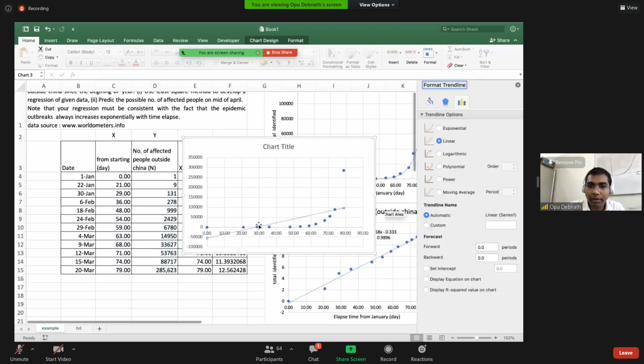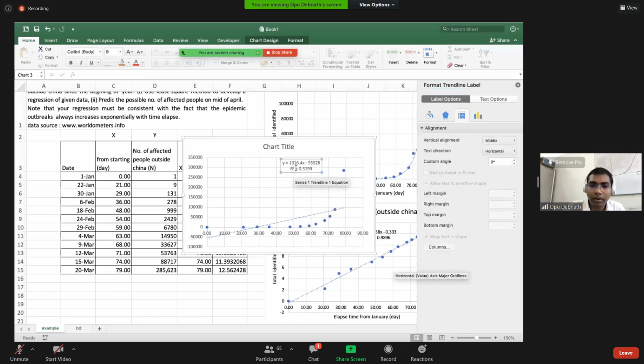If I add a linear trend line, I can also show here the equation and R square value. If you put it as a linear equation, the equation will be something like this, and the regression will be 0.392, that is around 30% or 31%.